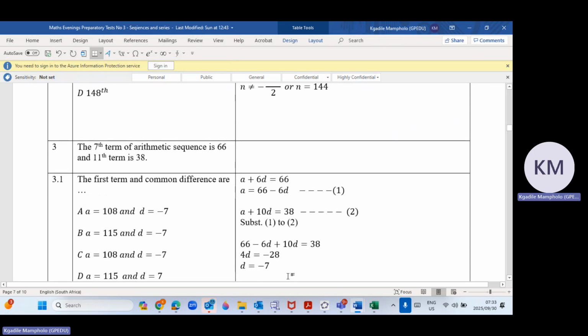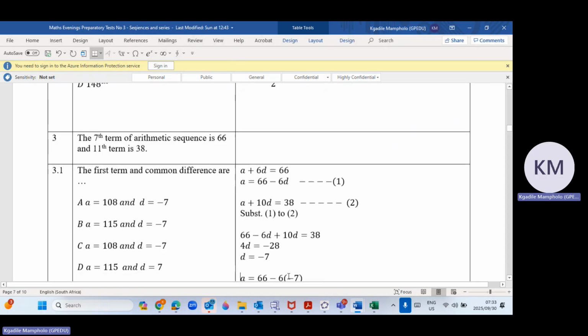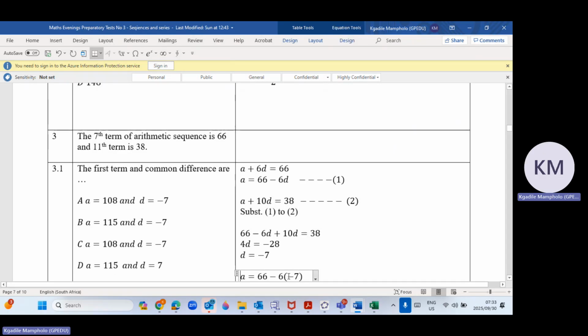Now, the third one, we are focusing on the arithmetic sequence and series. The statement says the 7th term of an arithmetic sequence is 66 and the 11th term is 38. You are required to determine the first term and the common difference.